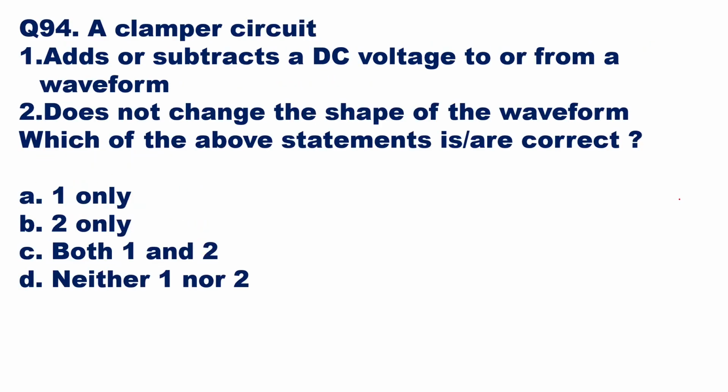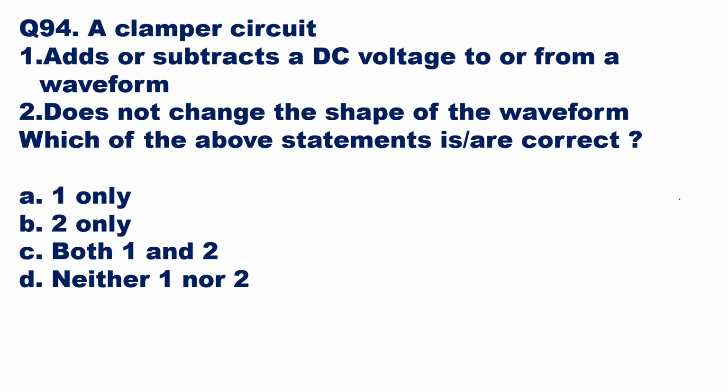Then question number 94, a clamper circuit, number one, adds or subtracts a DC voltage to or from a waveform. So it is going to add or subtract a DC offset voltage. Either it is going to add and come up on the positive side, or it will subtract and go down on the negative side. Second point, does not change the shape of the waveform. Yes, the shape of the waveform will remain the same.